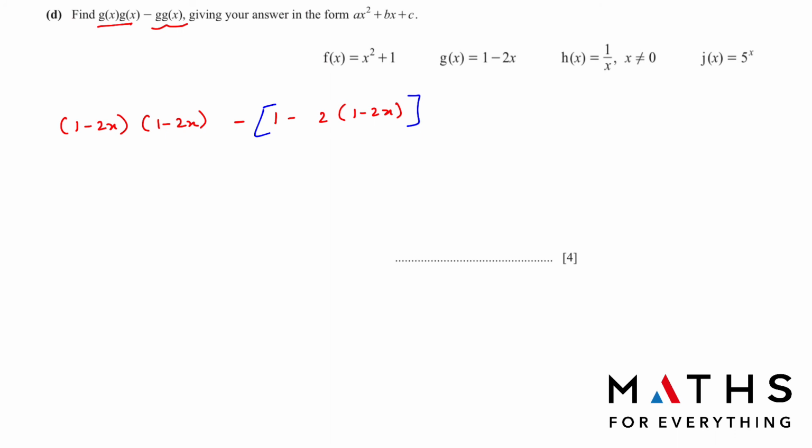Now we will expand it. This is basically a minus b square, 1 minus 2x and 1 minus 2x. If you know your identity, it becomes very easy to expand the bracket. Our a is 1 and b is 2x. That's it. So we'll get 1 minus 4x plus 4x squared.